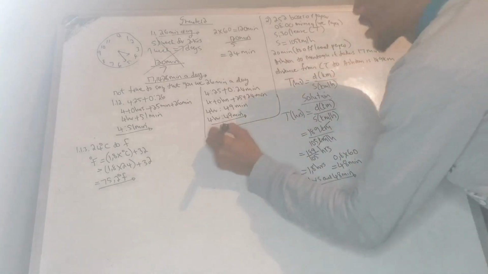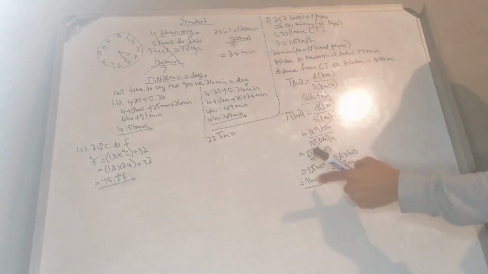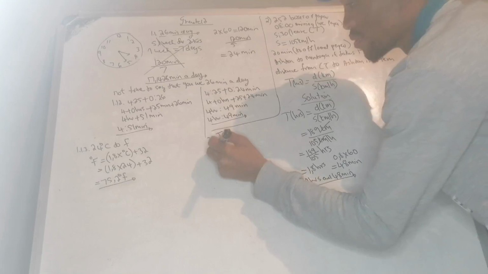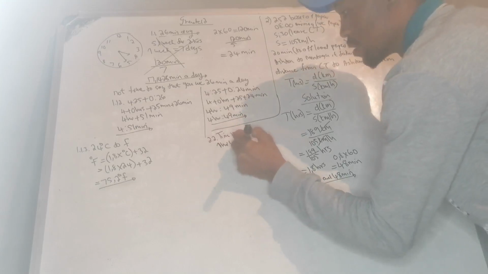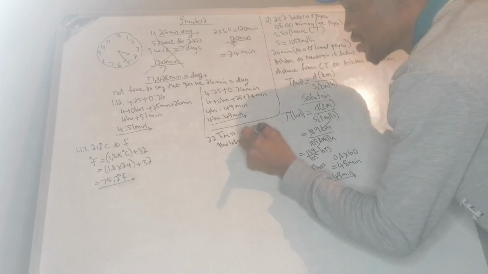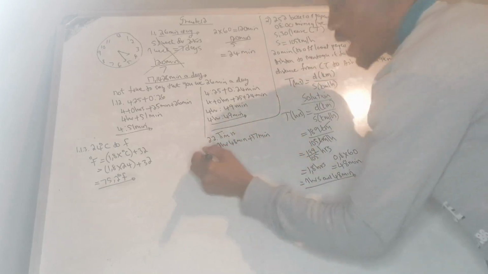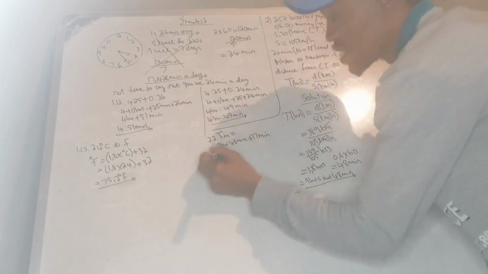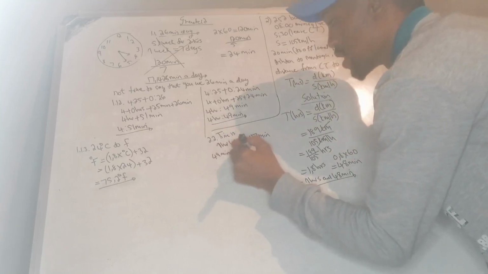So we will take that 1 hour 48 minutes and we will add what? How many minutes there? 17. So we add 48 minutes plus 17 minutes.